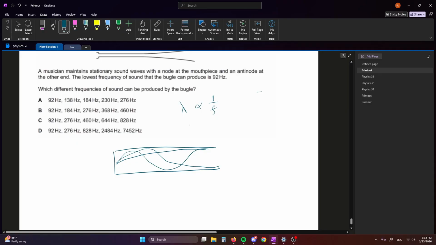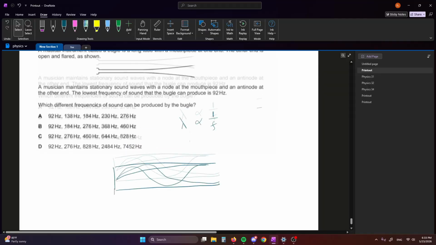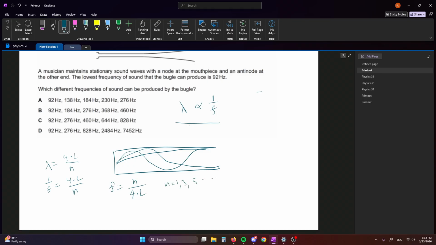So we take the formula from before, lambda is equal to 4L over N. But since we established this relationship, it's 1 over F is equal to 4 times L over N. And we flip it, so F is equal to N over 4 times L, where N is equal to 1, 3, 5, etc. We know that our base frequency is going to be 92.